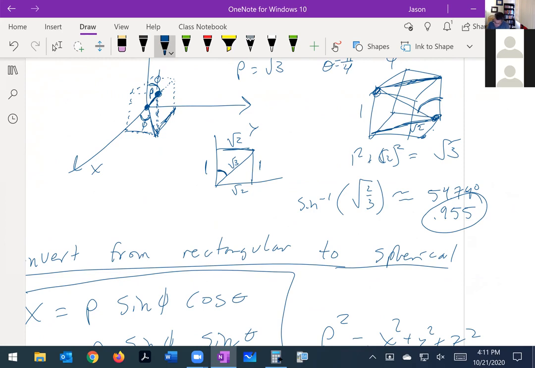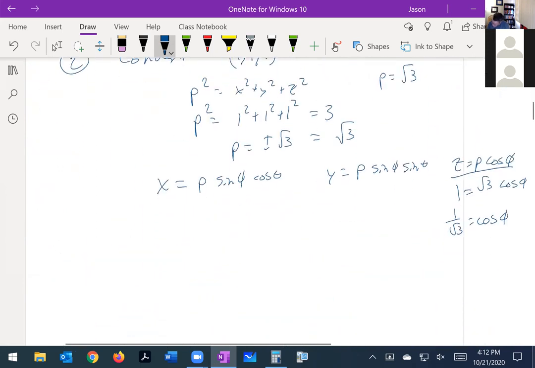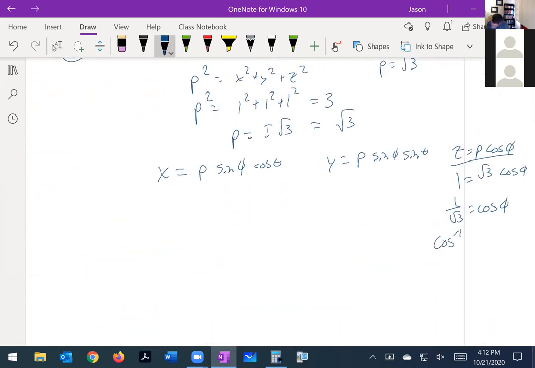So could I use inverse cosine? Yeah, absolutely. Inverse cosine of 1 over radical 3, and that'll give us phi. I'm just going to leave it like that.